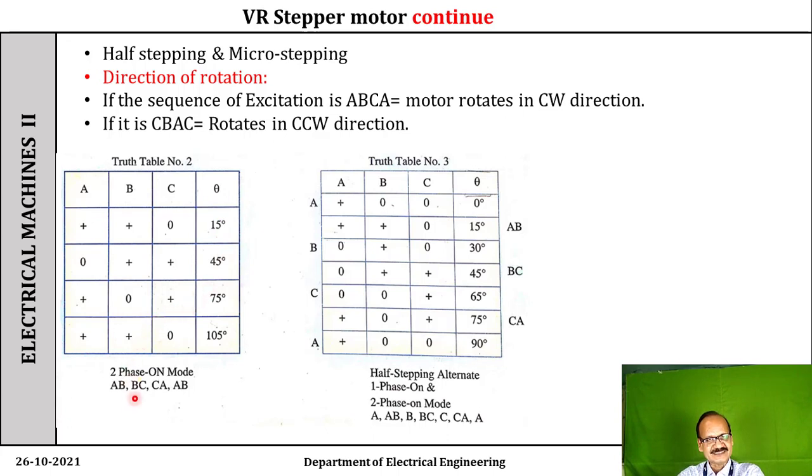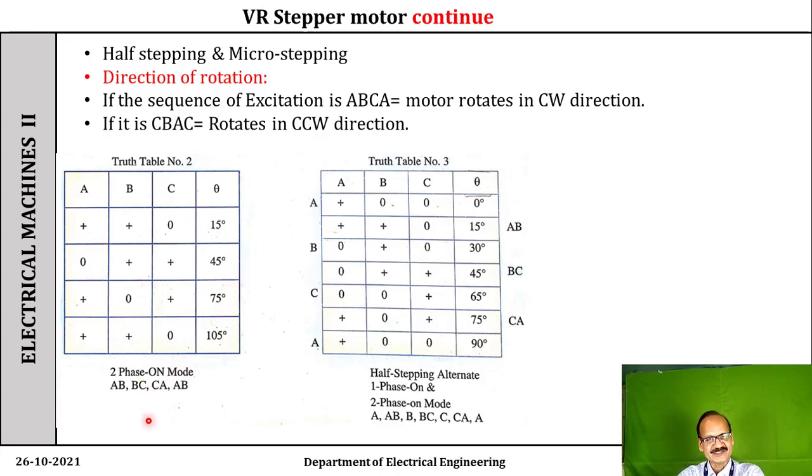Then excite B and C simultaneously. The rotor will rotate in a forward direction through a step of 30 degree, but it will stop in between 30 degree and 60 degree, that is 45 degree.